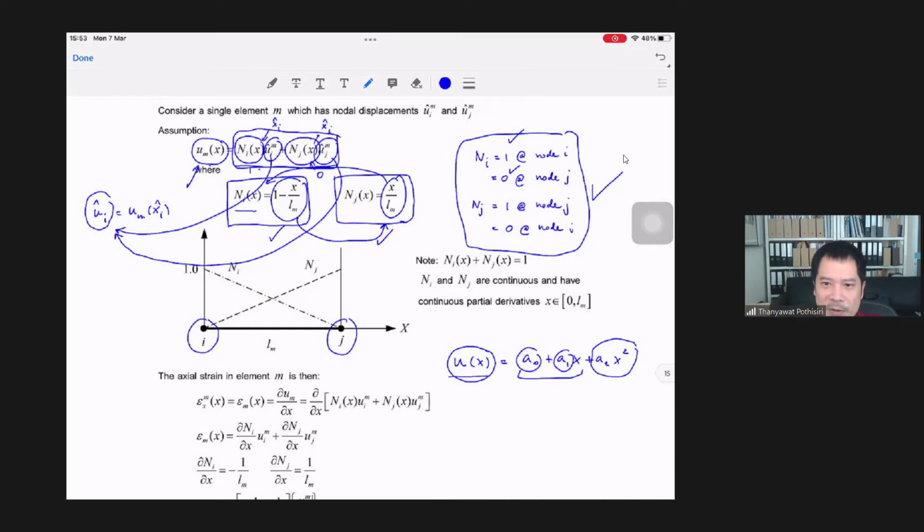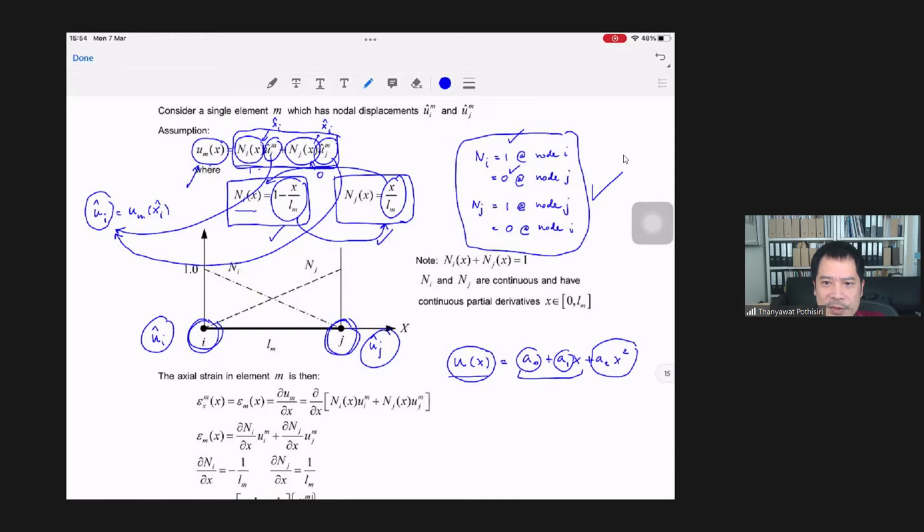And how do you solve for their values? What is the information that you have? In this case, you only have information at the nodes, because like we said, we are doing everything based on the nodal quantities. So in this case, you have two nodes, I and j, as your information, meaning that you have two pieces of data available.